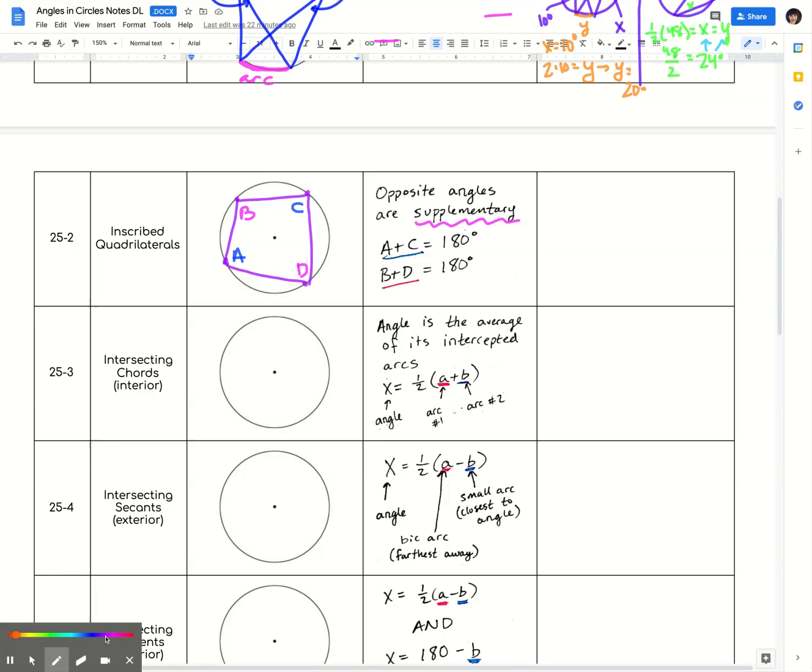Okay, I've got one big example for you here. I'm going to attempt to draw a circle, and I'm going to draw my inscribed quadrilateral. Ooh, actually, that looks kind of crazy. Hold on.